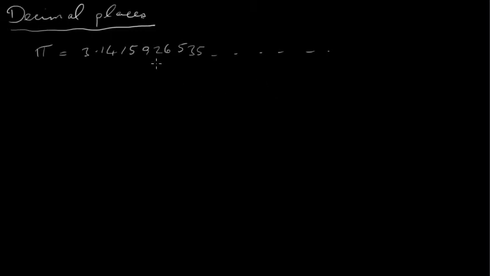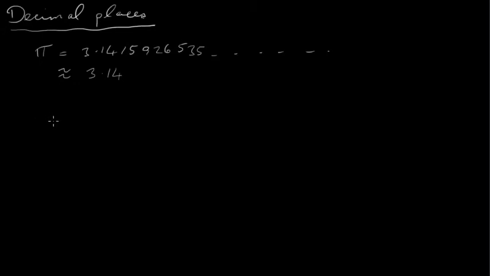So you can't use the exact value of pi because there isn't an exact value. So normally what people do is they round pi to 2 decimal places or 3 decimal places or 4. So normally we would use maybe 3.14 as an approximation for pi. So in this case we'll have rounded pi to 2 decimal places.